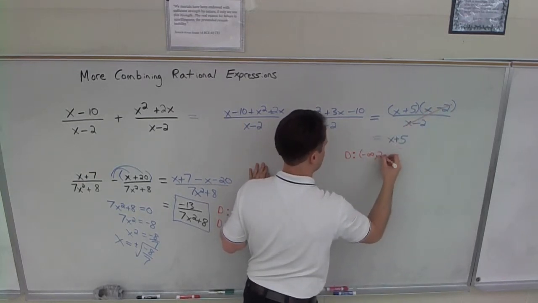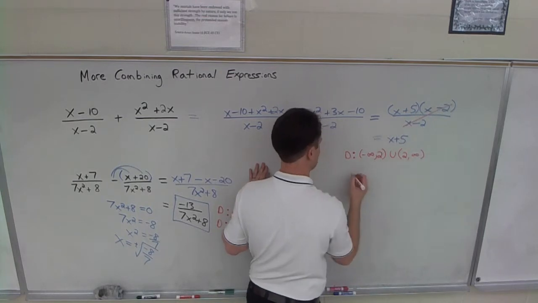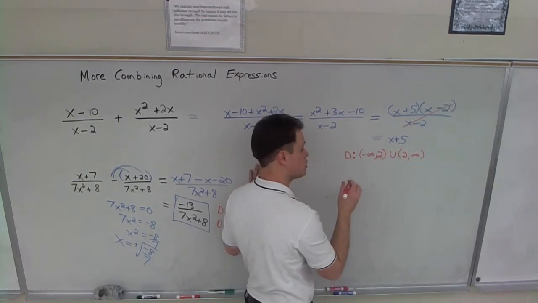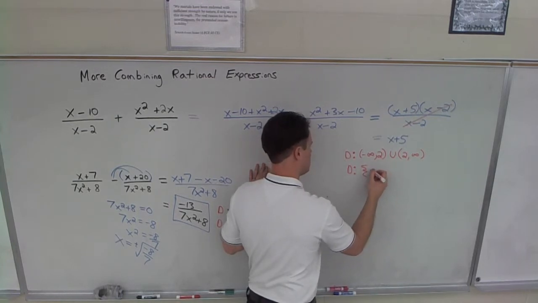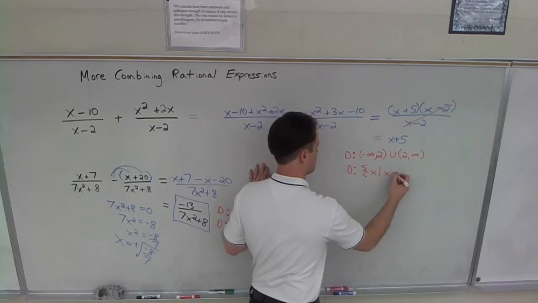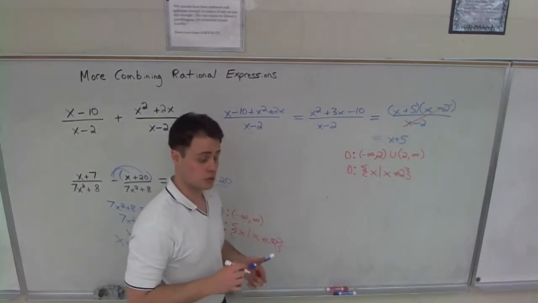So we've got to skip 2: everything up until 2, or everything after 2. You can write it like that in interval notation, or in set notation you can say the set of x's such that x is not equal to 2. That says everything except for 2.